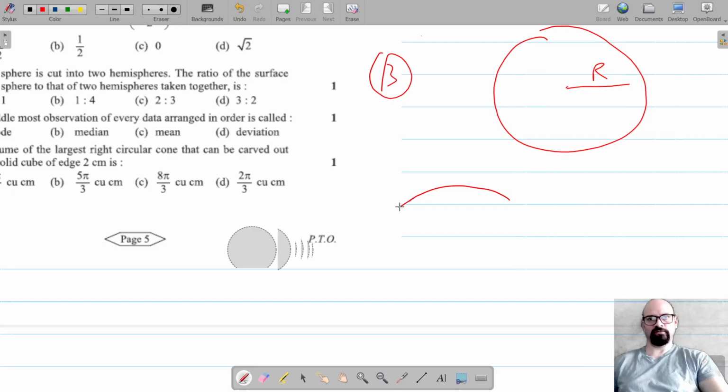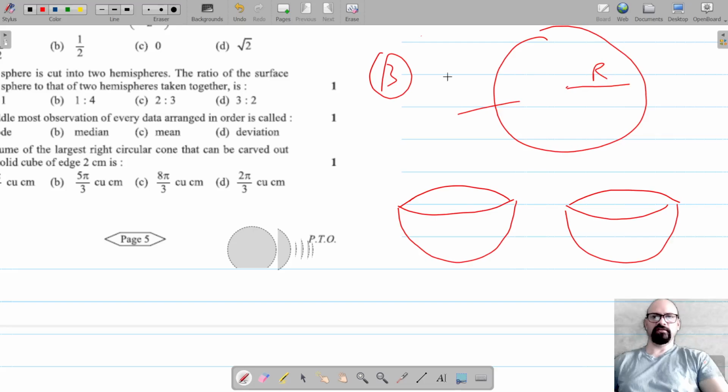Their radius will remain as it is. The sphere's surface area is 4 pi r square. For a hemisphere, the curved surface is 2 pi r square, and this circle is pi r square, so its total surface area is 3 pi r square. Similarly, the other hemisphere's surface area is 3 pi r square.